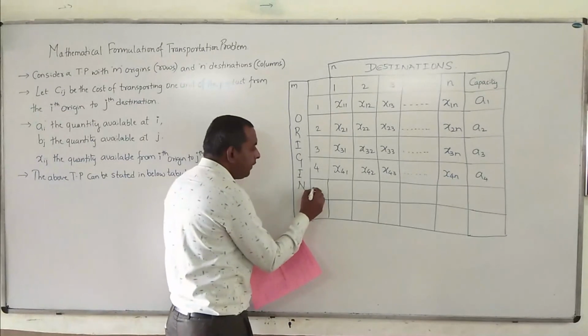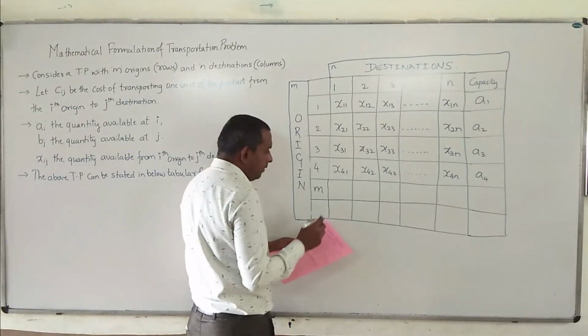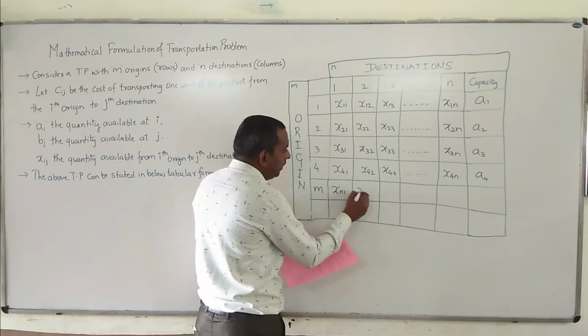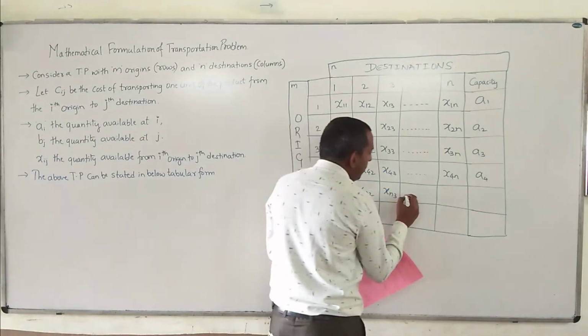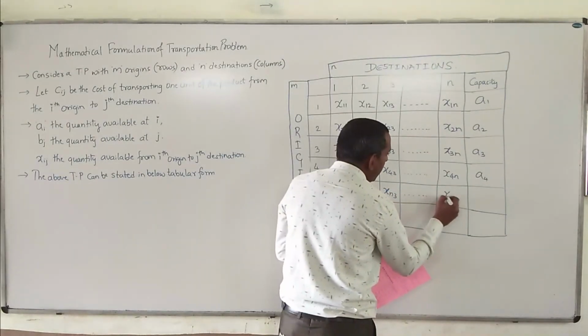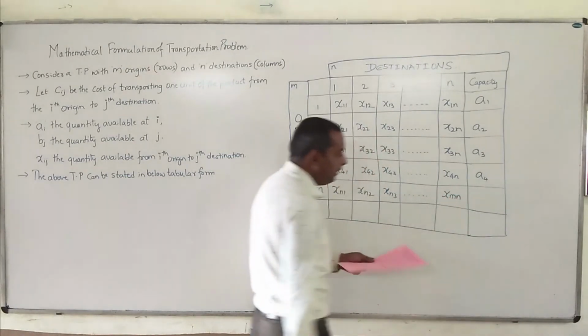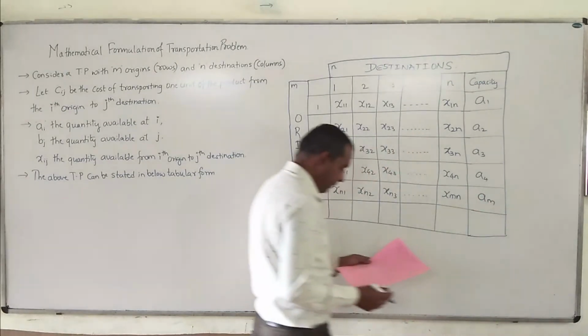So what happens here if I write 1, 2, 3, 4 up to m, that is xm1, xm2, xm3, and so on up to xmn, and the capacity is Am.